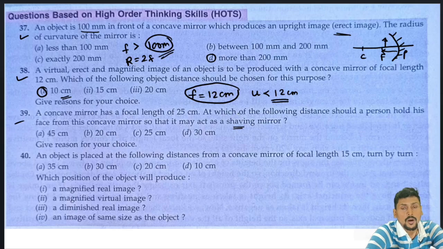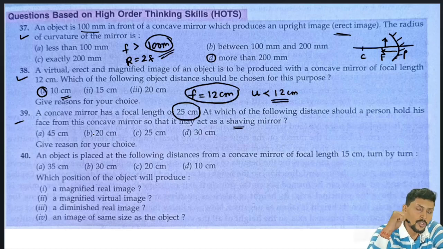And for that the object must be placed in between the pole and the focus. In the question it is given that the focal length is 25 centimeter. So our face must lie at a distance of less than 25 centimeter from the concave mirror. Then only you can see a virtual, erect and magnified image, an enlarged image.